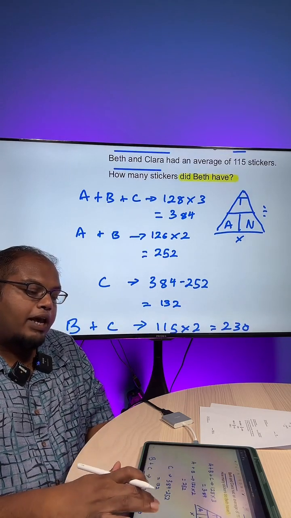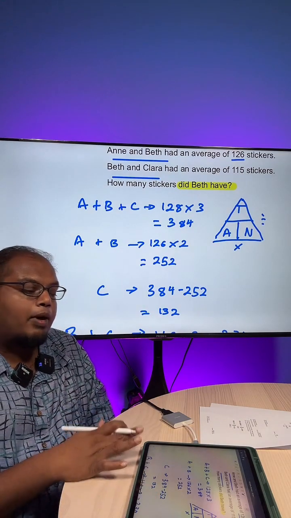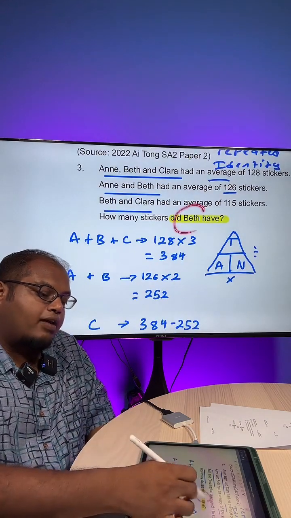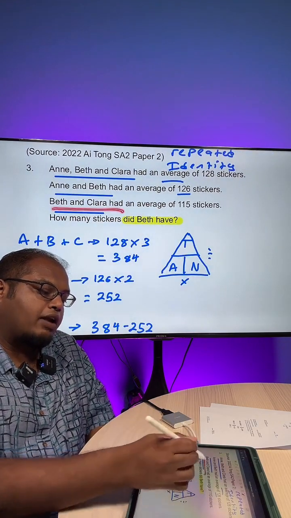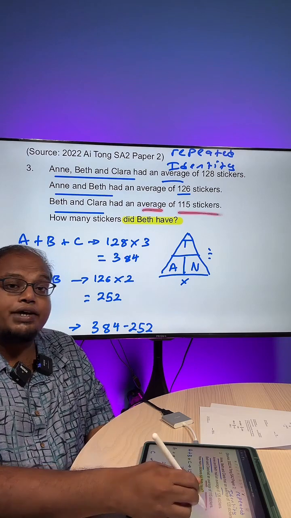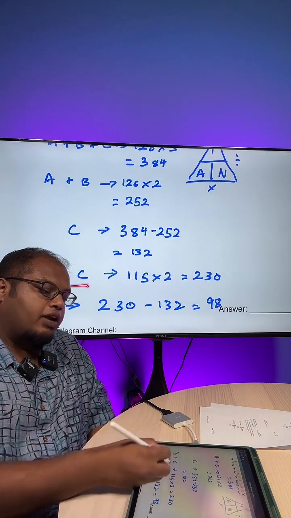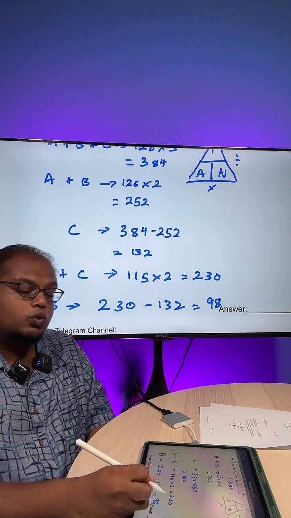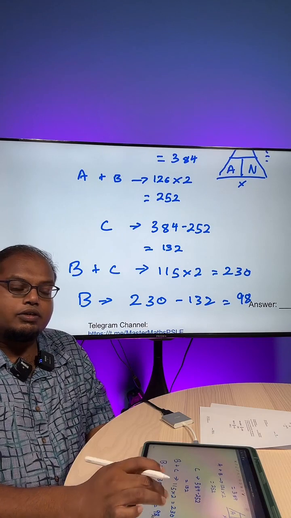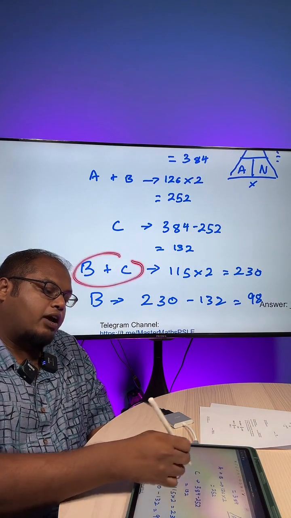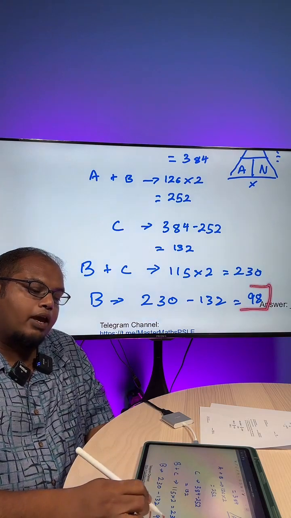But they didn't ask for Clara. If they asked for Clara, we can actually stop there. But what they asked for is Beth. So we need to use the third information here, which is Beth and Clara. Average is 115. So Beth and Clara, 115 times 2 equals 230. So now I have Beth and Clara, I have Clara. So I minus them, I got the amount for Beth.